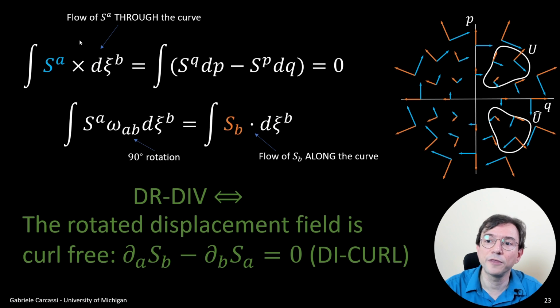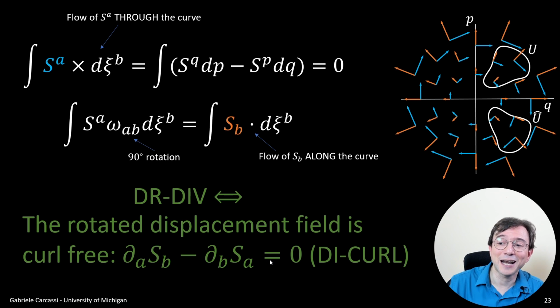So we started with the flow of the displacement through the curve, and now we have the flow of the rotated displacement along the curve. And this is going to be zero. But if the flow of the rotated displacement along closed curves is zero, then this is exactly the same as saying that the rotated displacement field is curl-free. And so this is yet another characterization of Hamiltonian mechanics.